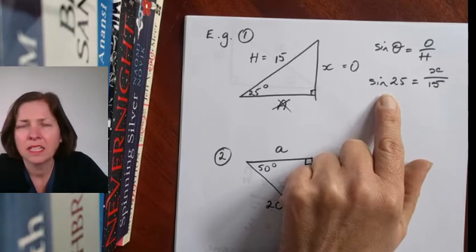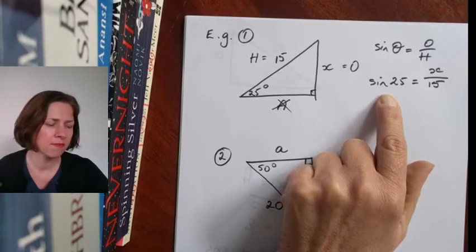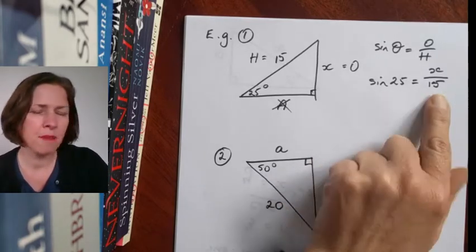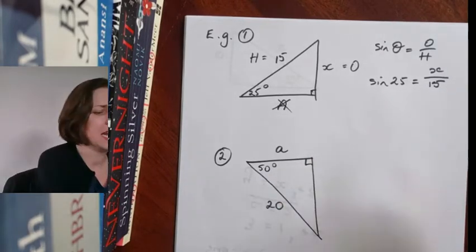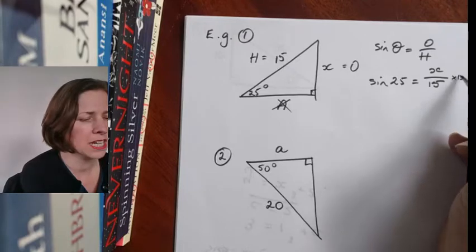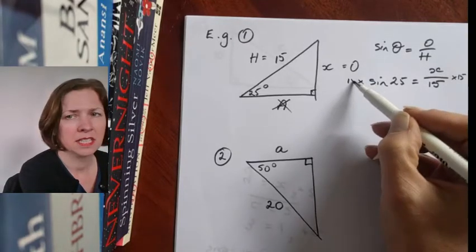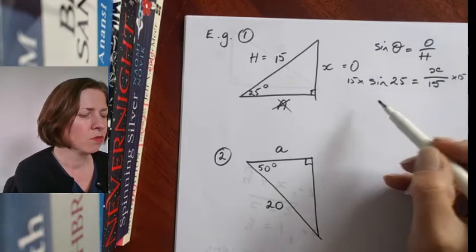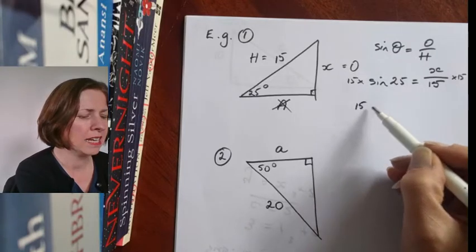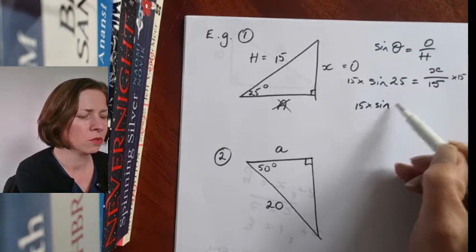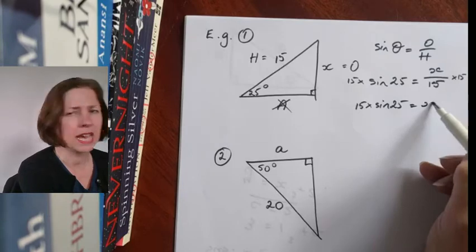So I can add it, I can subtract it, I can multiply it and divide it just like any other number. So what I'm going to do is multiply both sides of this equation by 15 to get rid of that denominator of 15. So times 15 there and times 15 there. So on the left there, I'm left with 15 times sine 25, which equals x.